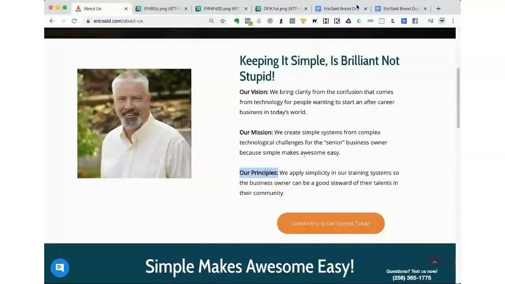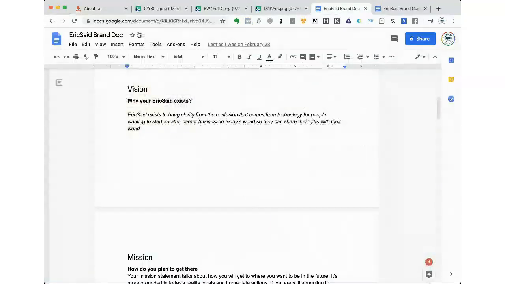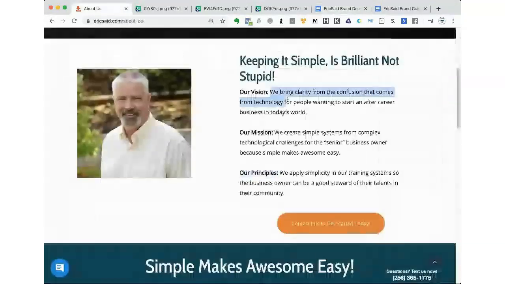So that's where I'm going to take this vision statement over here, and then we're going to bring it to life right here, right? This is the one case where it's okay to say what you do. Now, do you see the value of those 3 things right here? We're making it clear what it is that we do.